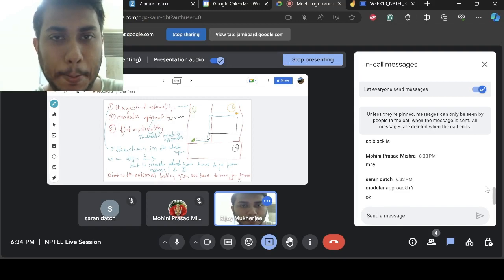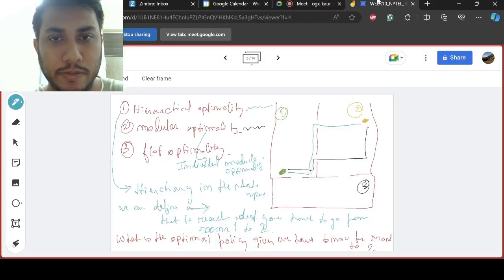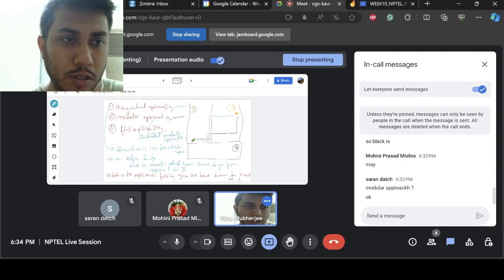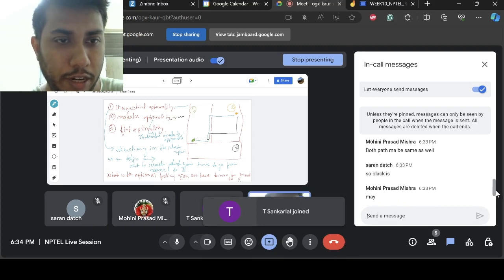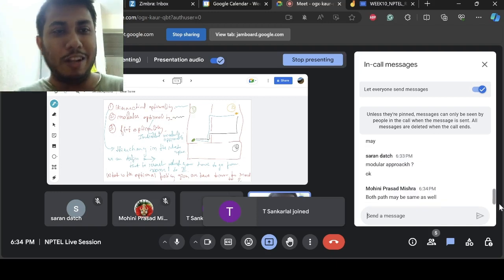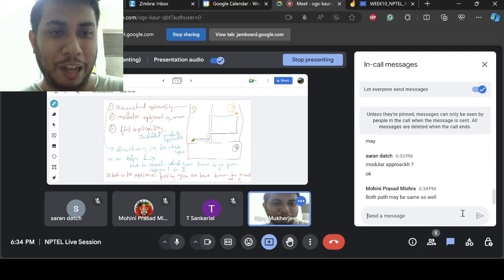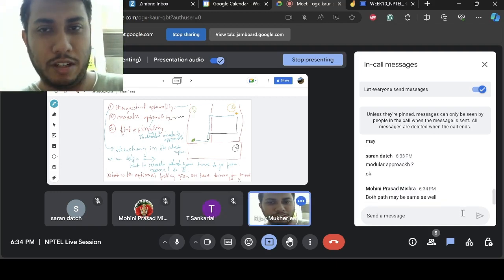Right. So the path may be the same as well. I don't get it. The path may be the same as well. Yes, both paths may be the same, but they may also be different.